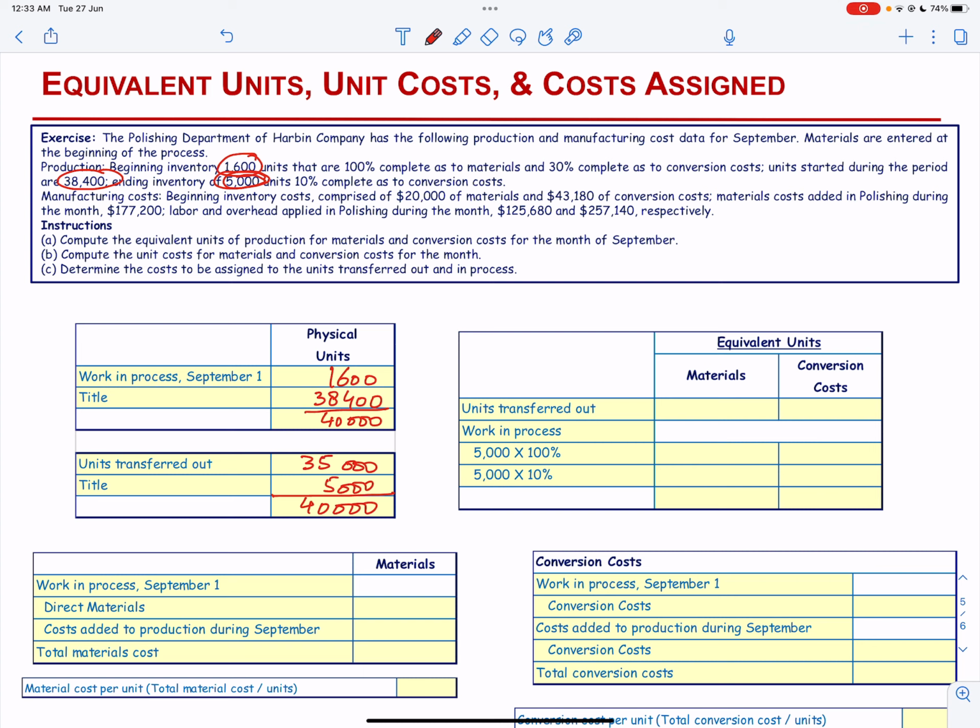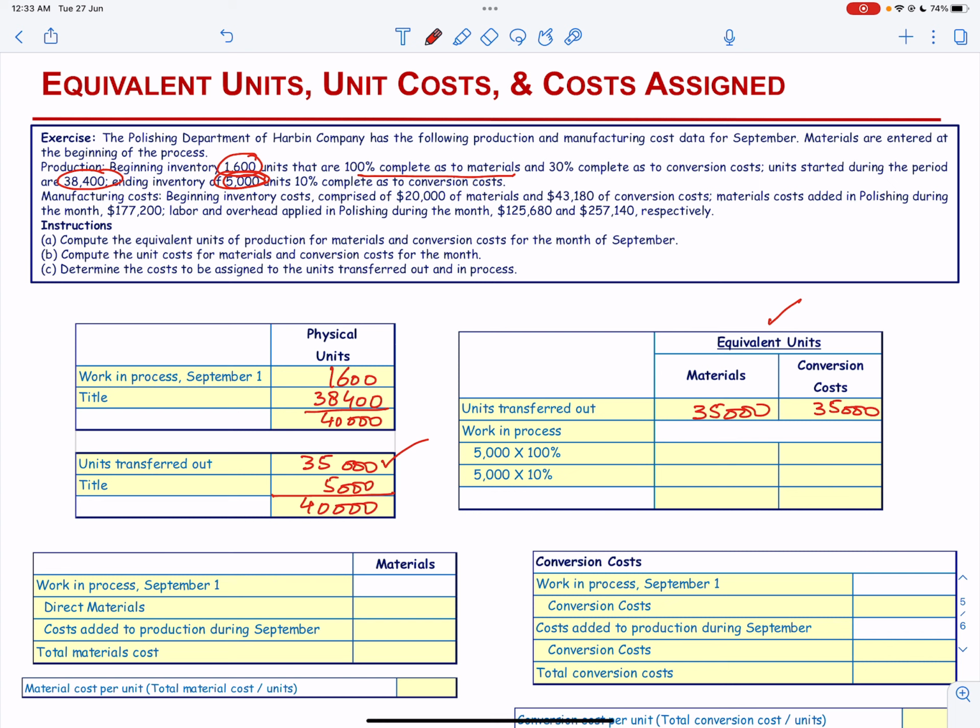Next, we are going to look into the equivalent units, and the units transferred out are 35,000 and you can see that 100% complete as to materials, so we have the conversion cost of 100%.